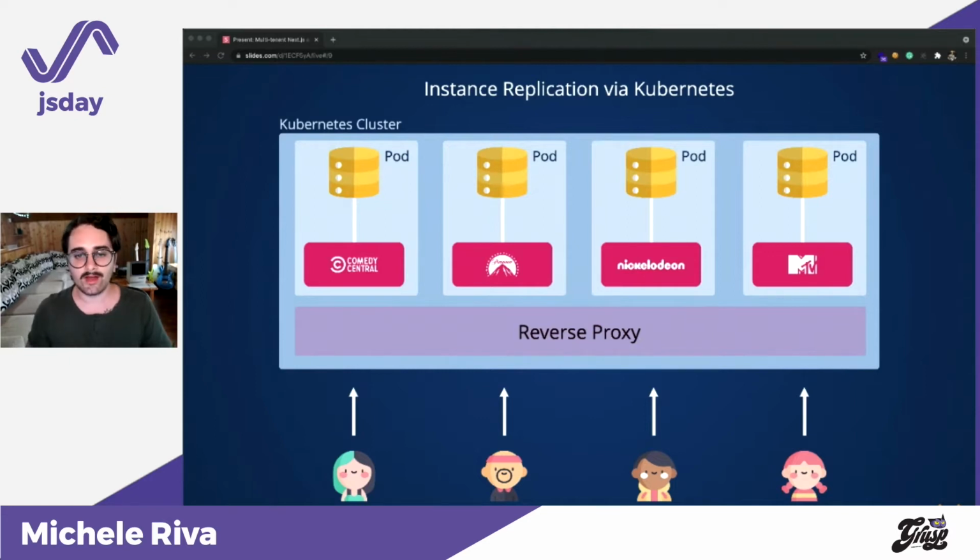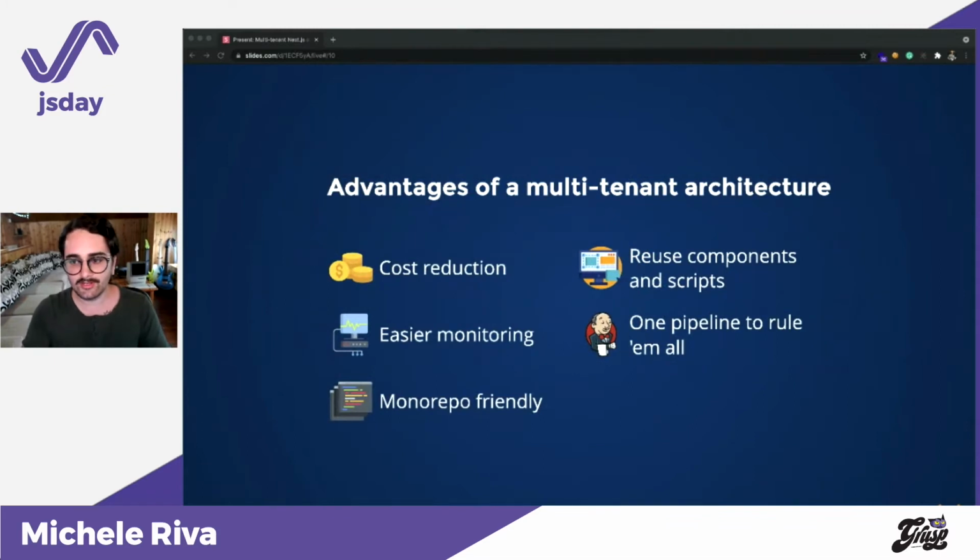So what are the advantages of such a solution? Well, the multi-tenant architecture actually has some great advantages, such as cost reduction. Let's imagine that we have a website in our stack that is making a lot of profit. And of course, we can profit a lot on this because it has a lot of traffic.